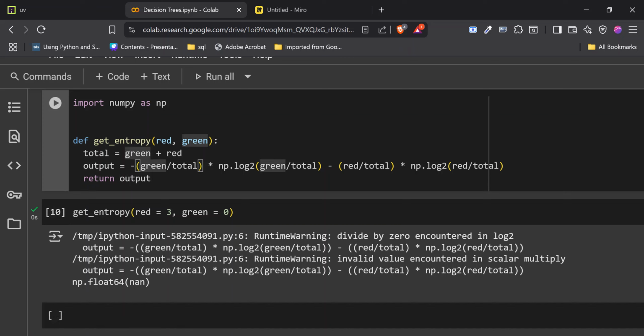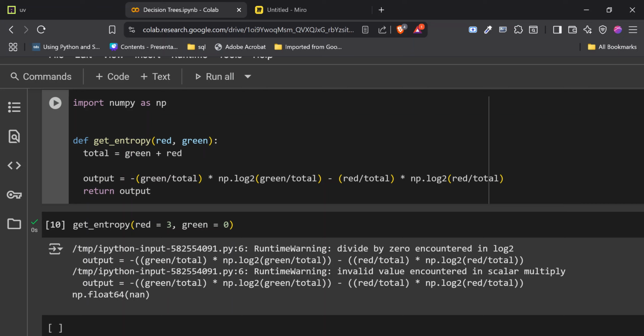So green, which in this case is 0 divided by 3, negative of that multiplied by np.log2 of this, then minus red. I do not know where that division by 0 is coming from.